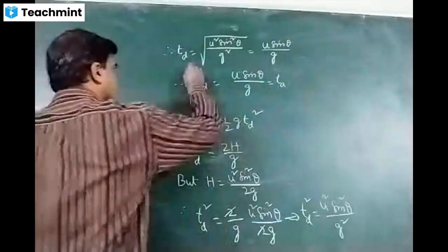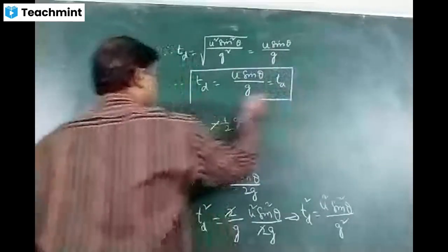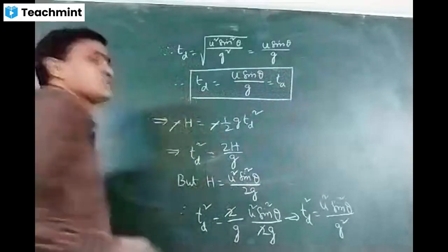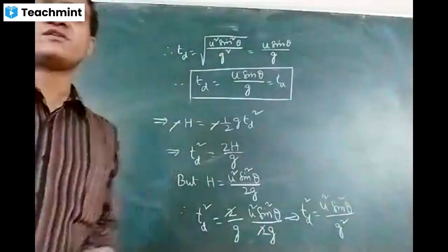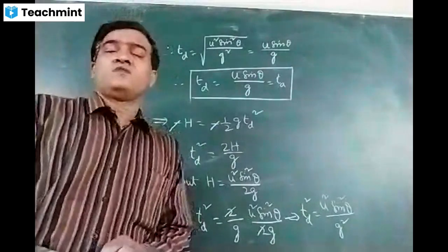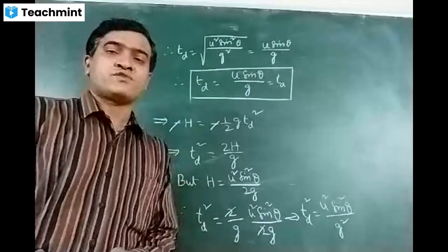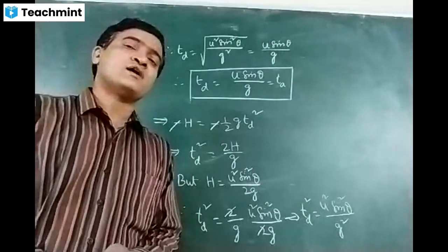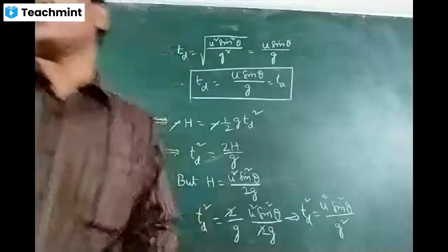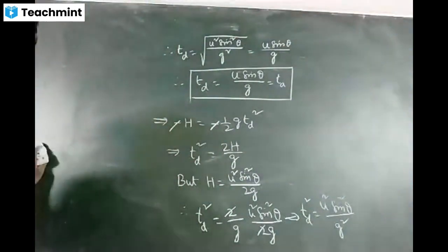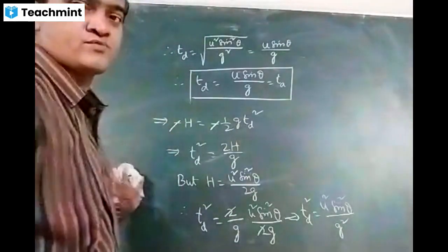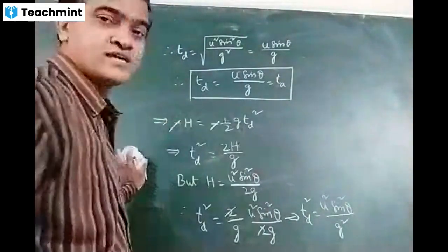Therefore, I can say that time of descent is equal to time of ascent. Very, very important. So, if you calculate the value of time of descent, you are getting the same formula as what you got for time of ascent, which is equal to u sin theta upon g. Right?